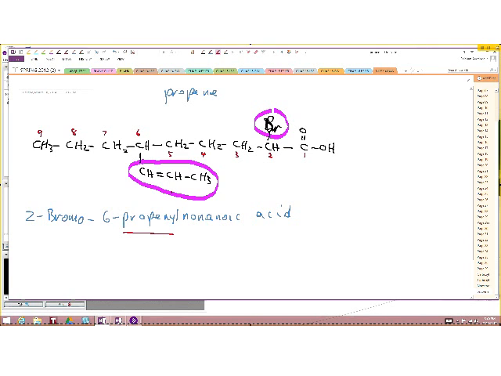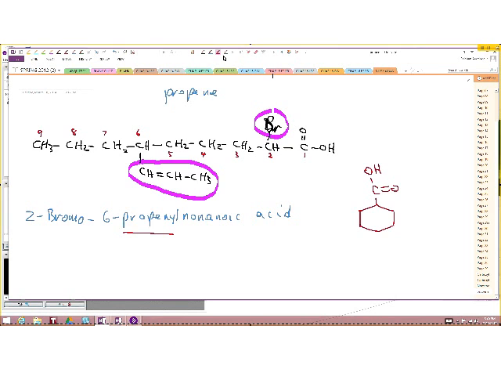Now, supposing you have this molecule here, the carboxyl group attached to a ring system. In this case, what you do, you give the complete name of the ring system, and then you add the word carboxylic acid.